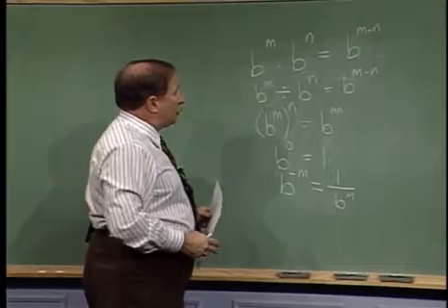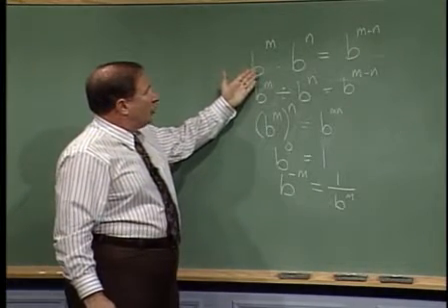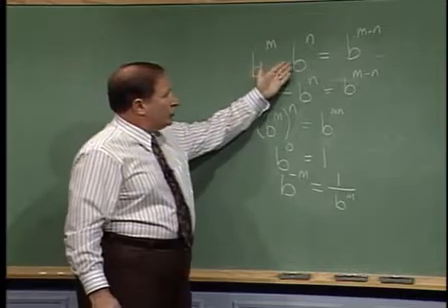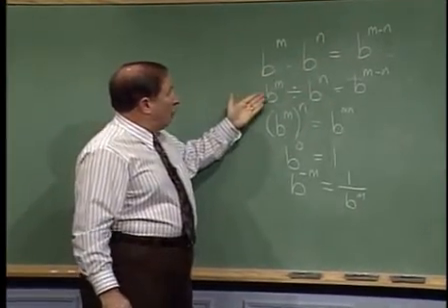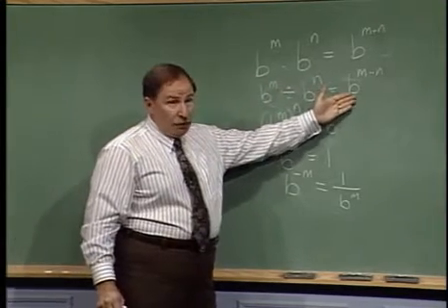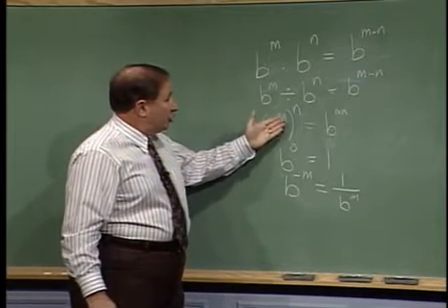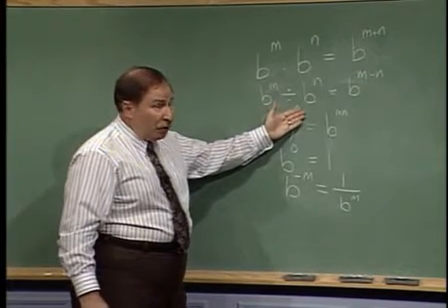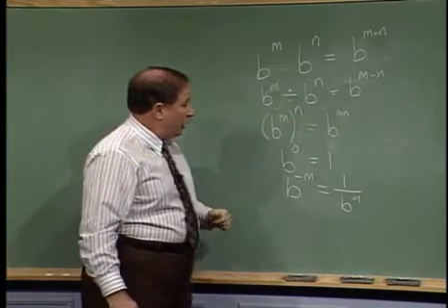And for example, some numerical examples here that we could see, let's say 3 to the second times 3 to the third would be 3 to the fifth. 4 to the sixth divided by 4 to the fourth would be 4 to the second power. If I had 5 to the second to the third power, that would be 5 to the sixth, since 6 is 2 times 3.